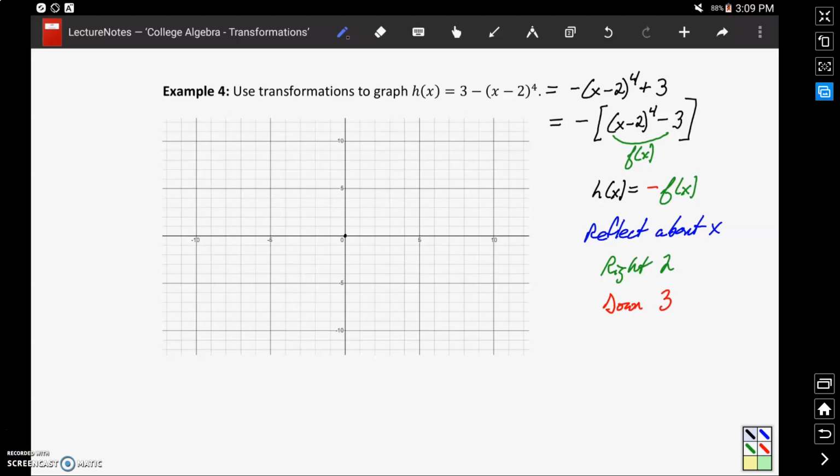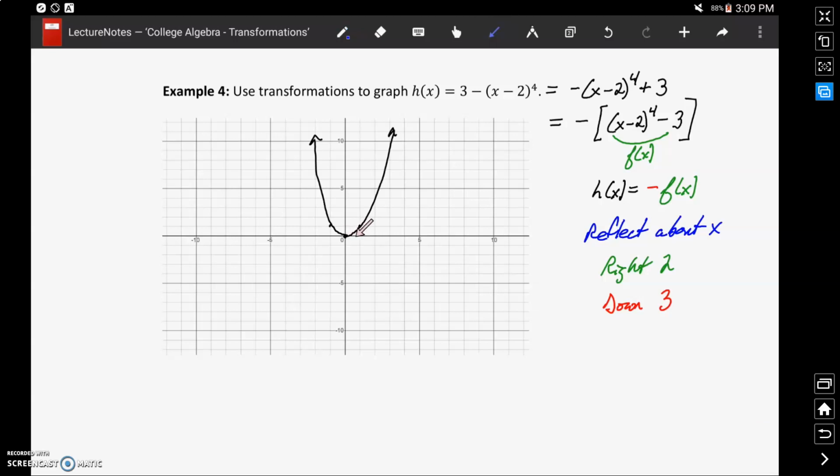We're starting off with the graph of x to the 4th again, so we'd have points at 0, 0, 1, 1, and negative 1, 1. What's going to happen is each point is going to be shifted to the right by 2 units.